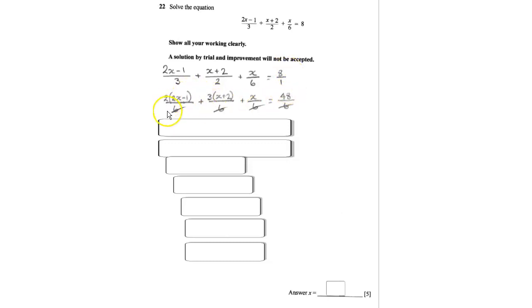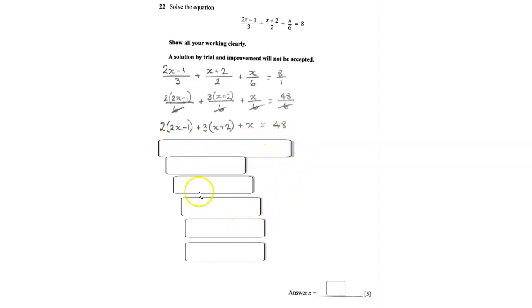So you should have this here with all the common denominators. Now once you've got your common denominators, you can cancel these down and just work with the top part of the fraction. So it'll be 2 brackets 2x minus 1, plus 3 brackets x plus 2, plus x equals 48.